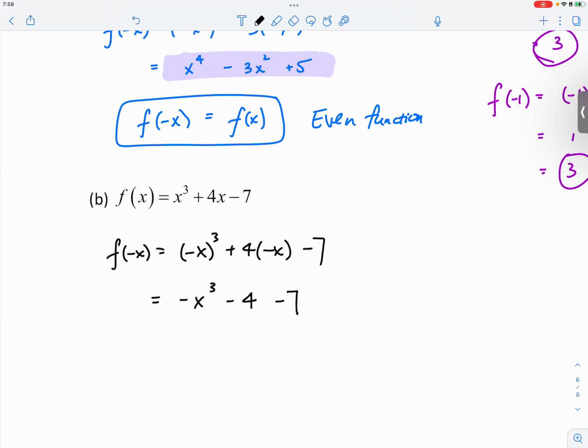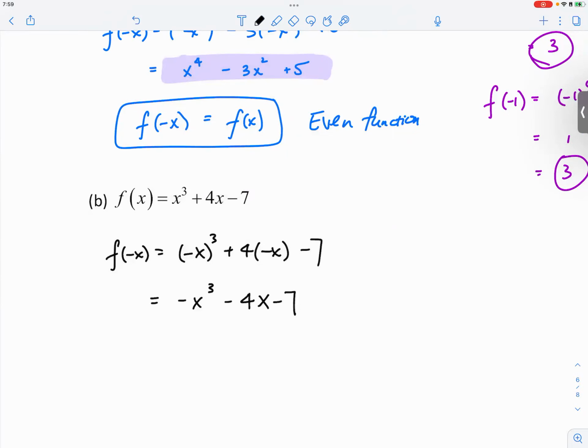Oh, sorry, forgot the x here. All right, now, so you take a look at this notation. Okay, so this notation, negative x cubed minus 4x minus 7. And this one right here. They don't look the same, right? They don't look the same.